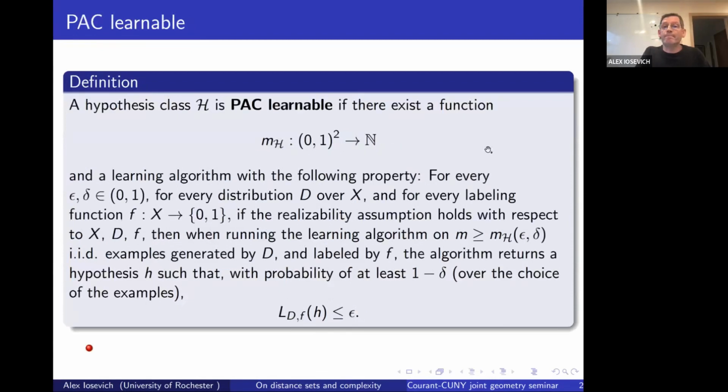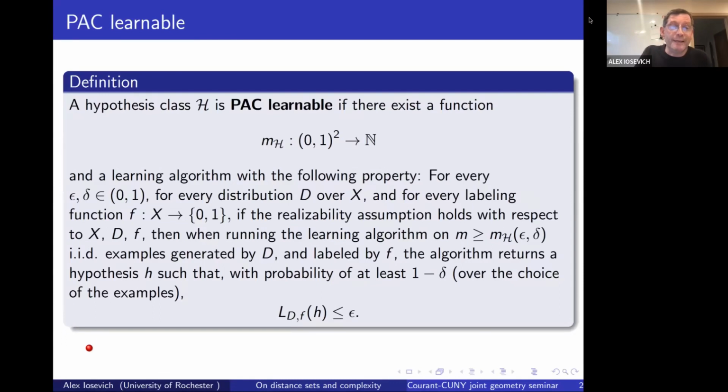And here is the notion whose name I find hilarious: probably approximately correct. To a pure mathematician, this just sounds a little disturbing, but then you get used to it, because the definition is indeed precise. A hypothesis class is probably approximately correct learnable if there exists a function from (0,1)^2 to the natural numbers, and a learning algorithm with the following property.